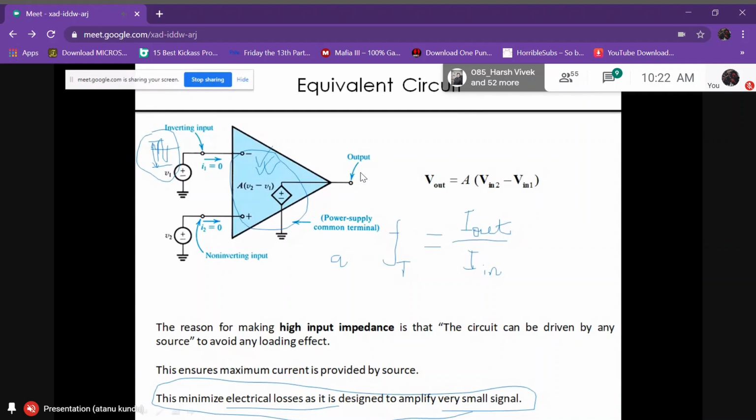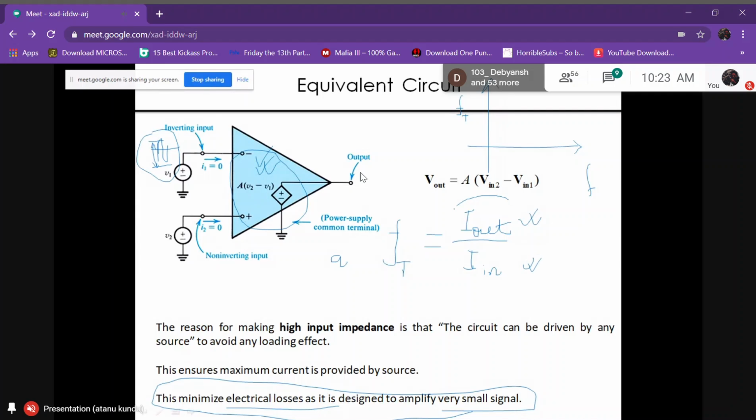So cutoff frequency is basically how much frequency a particular device can handle, the maximum frequency it can handle. If we plot frequency on this axis, fT equals I out by I in, output current by input current.